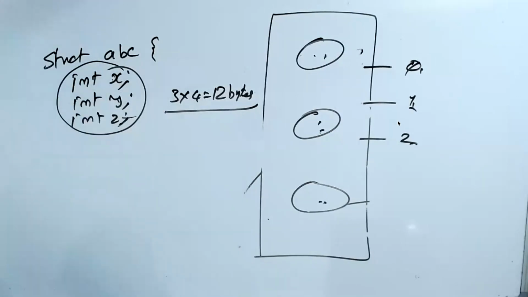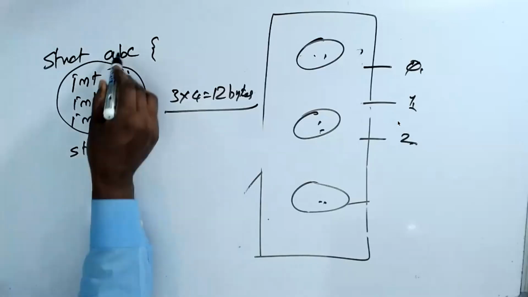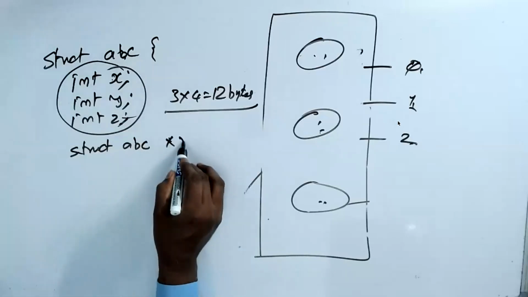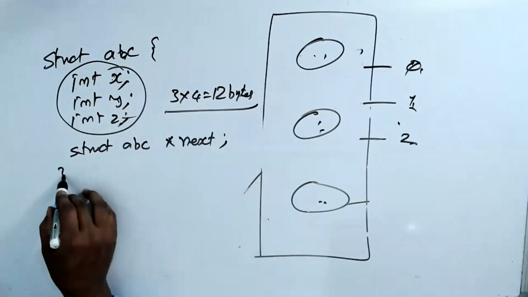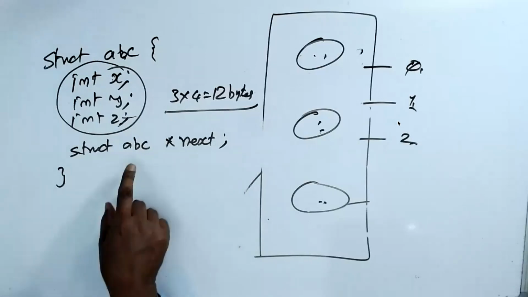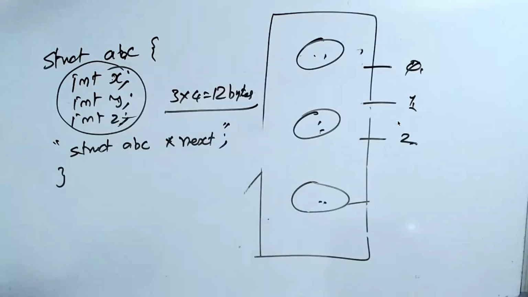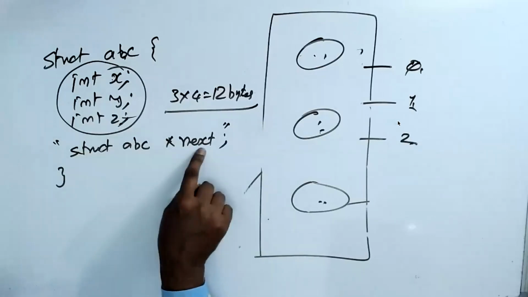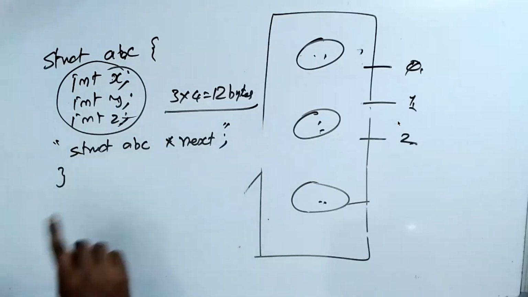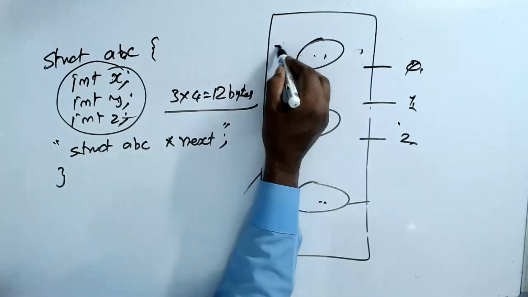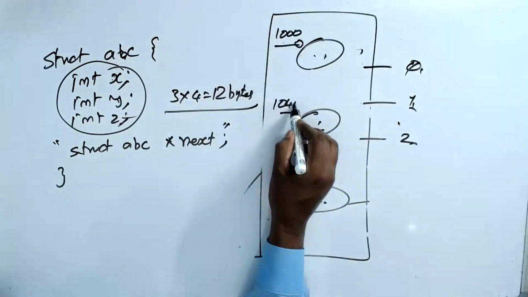Then they have another member, see here, struct ABC star next. See that? Star next. It is the same structure, but now I have one more variable. This is a pointer, not a structure. What is this pointer? When you allocate the first time, the address is 1000. Next time you get 1040, then you get 2000.